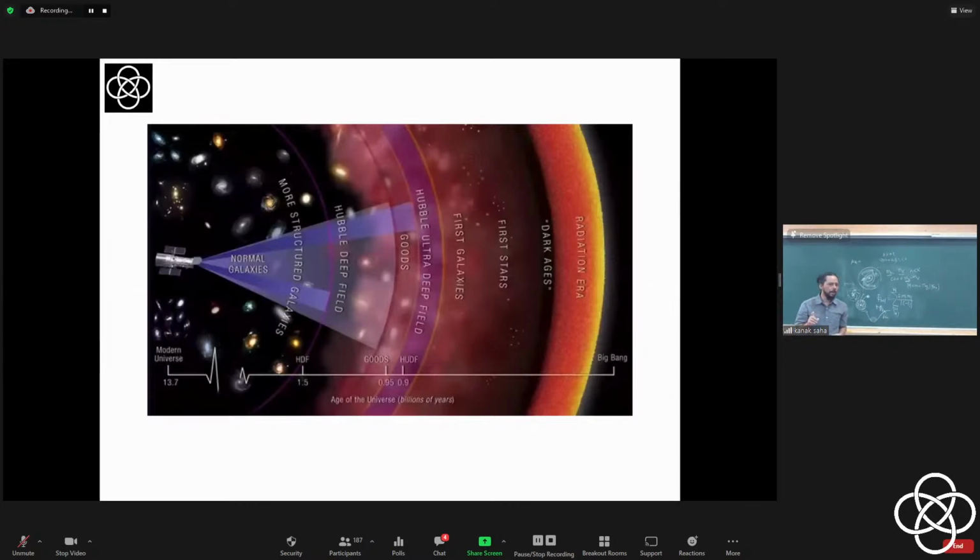Sir, my question is that there is a time scale of the modern universe to Big Bang. So how are these things related? I couldn't relate the above to the time scale. I'm sorry, I'm not able to hear you properly. So in this, the universe started with some background, Big Bang, for which I'm not an expert.